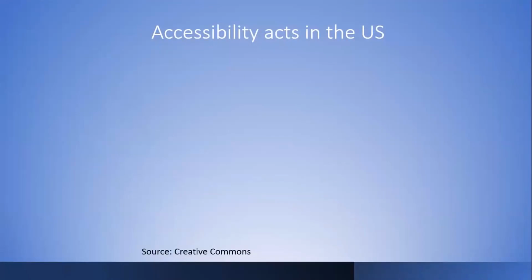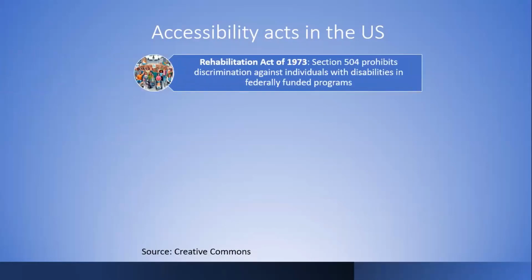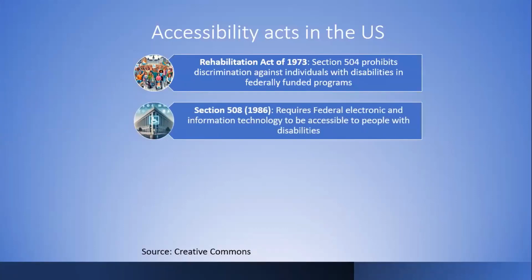So there have been various accessibility acts in the US. Here we can see the Rehabilitation Act of 1973, which has Section 504, which prohibits discrimination against individuals with disabilities in federally funded programs. Then we have Section 508, which was launched in 1986, and it requires electronic and information technology to be accessible to people with disabilities.